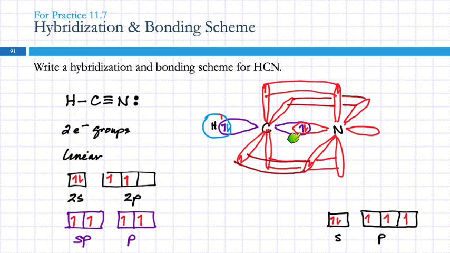So then let's label these. So this one in here, is that a sigma bond or a pi bond? This one? This is sigma, it's end to end. So in there we've got a sigma bond between carbon and nitrogen, right? What kind of an orbital is carbon using?